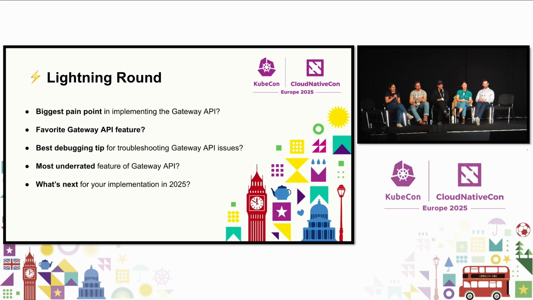What's next for your implementation in 2025? ngrok is currently working on adding API surface for the Gateway API, so adding support for some of the experimental route types like TLSRoute and TCPRoute. Istio, we can go next.